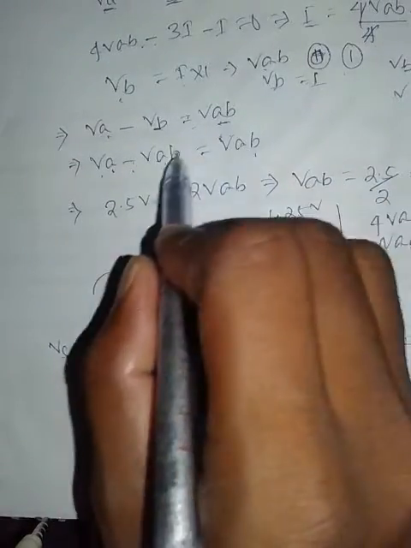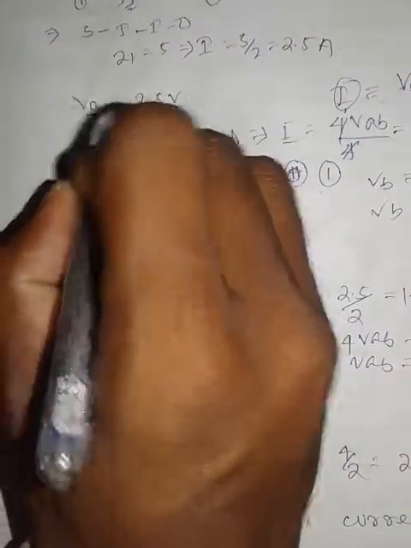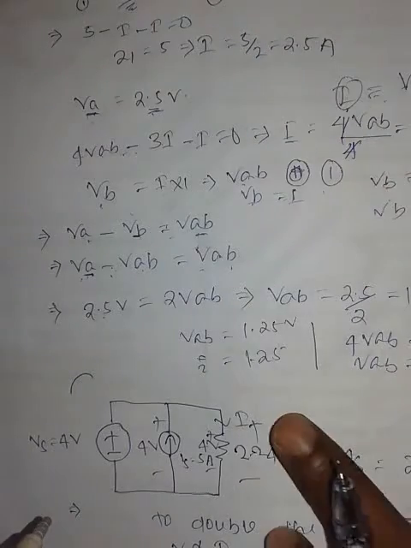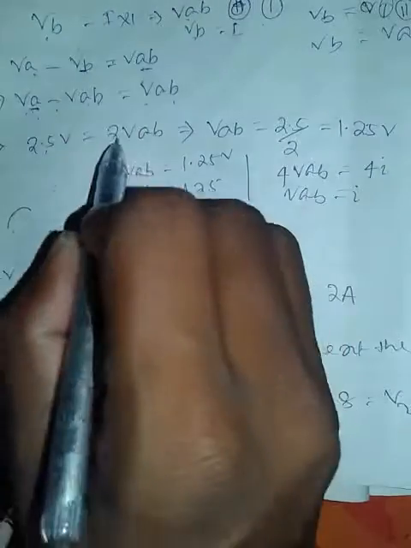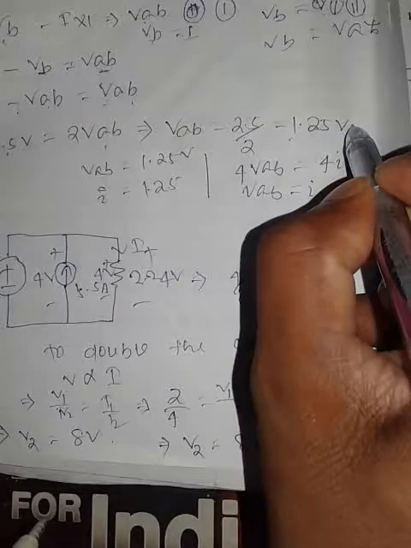So if you solve this one, VA is given as 2.5 volt because we have calculated it already by applying KVL. So this 2.5 volt, if you take VAB to the right side, the VAB value will be 1.25 ampere.